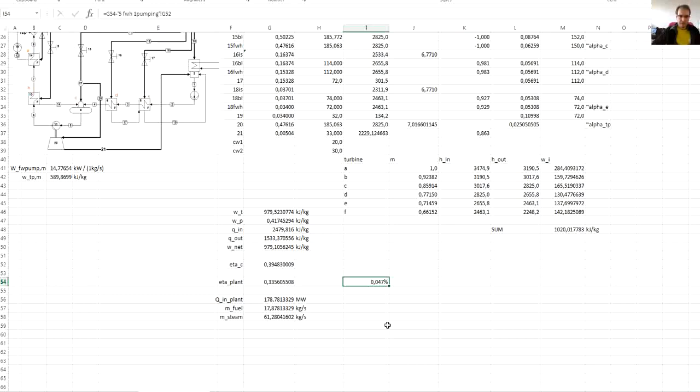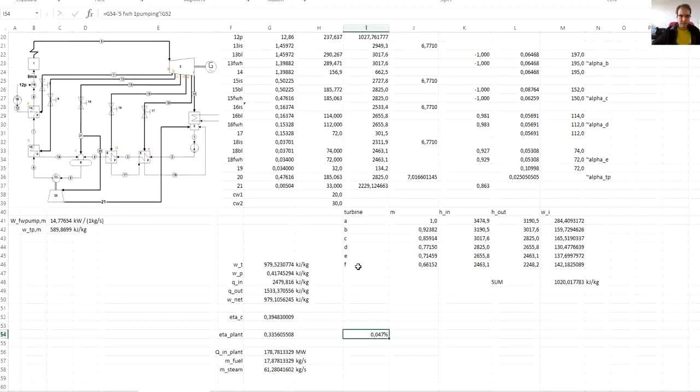So it is not much, but it can have some applications, especially where every fraction of the efficiency translates into a large amount of money on produced electricity.